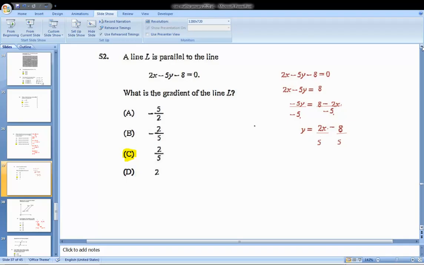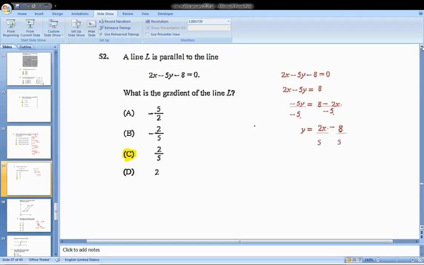So we're making y the subject. 2x minus 5y equals 8. We take the negative 8 over the equal sign, it becomes positive. So we have negative 5y equals 8 minus 2x. Now we're trying to make y the subject to find the gradient. So we divide both sides by negative 5.